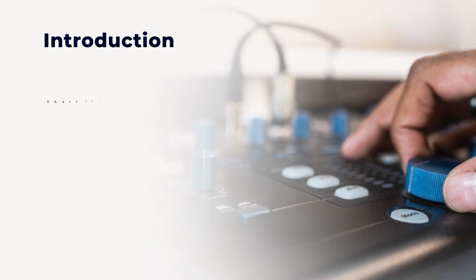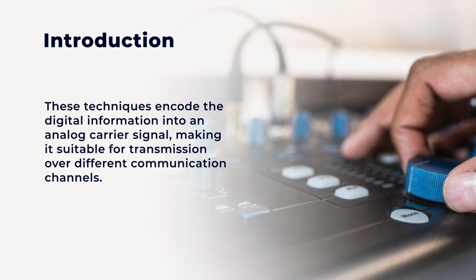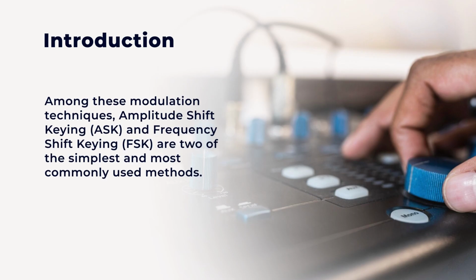In digital communication, data is transmitted from one place to another using various modulation techniques. These techniques encode the digital information into an analog carrier signal, making it suitable for transmission over different communication channels. Among these modulation techniques, amplitude shift keying, that is ASK, and frequency shift keying, that is FSK, are two of the simplest and most common methods used.